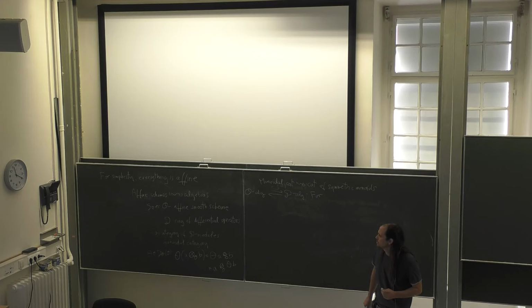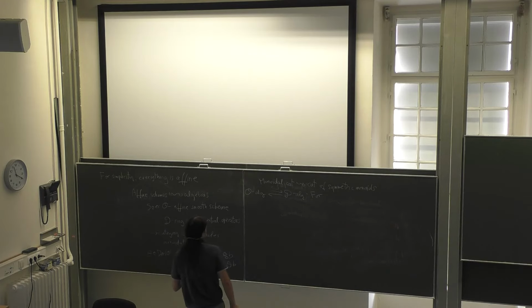So if you have a map O to A, this means that you have a map spec A to spec O, because when you go to spaces, you're opposite.